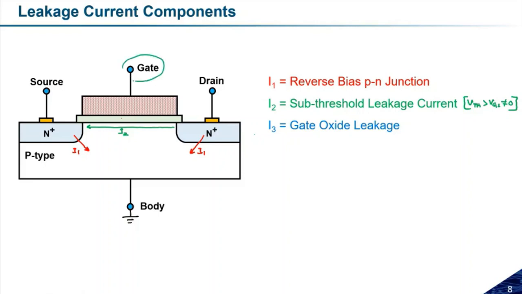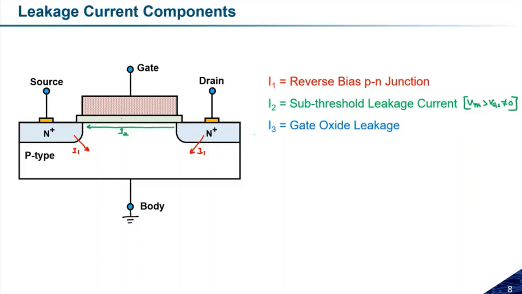We know that with technology scaling down, the thickness of this oxide is very small. If the thickness of the oxide is very small, there may be some electrons that can tunnel between the gate and the substrate.